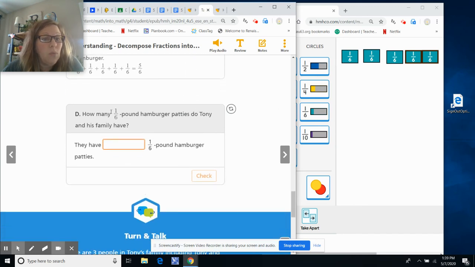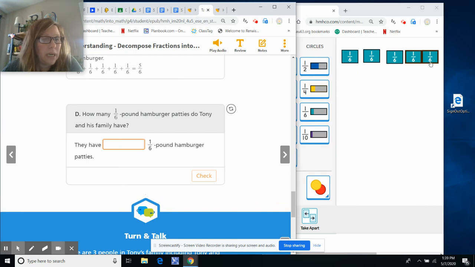Then it says, how many 1/6 pound hamburger patties do Tony and his family have? Well, if they're each 1/6 pound, so let's say Esme gets this hamburger, and Raneem gets this hamburger, and Evan gets this hamburger, and Jason C gets this hamburger, and Evan Crotty gets this hamburger.